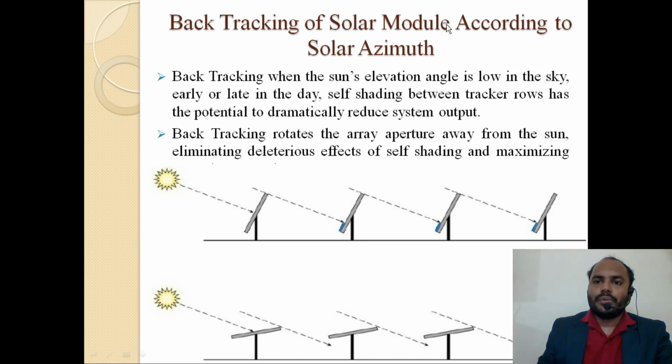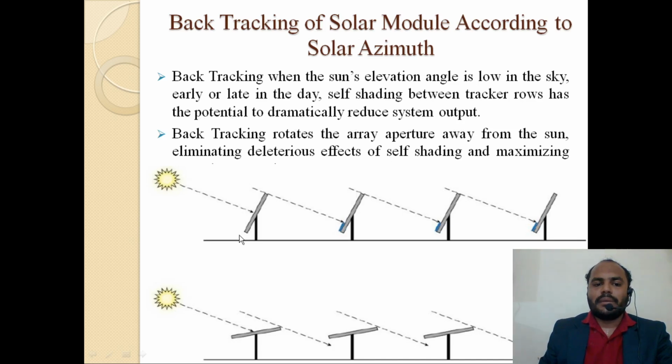Backtracking of solar modules according to the solar azimuth. When the sun's elevation angle is low in the sky, early or late in the day, self-shading between tracker rows has the potential to dramatically reduce the system output.